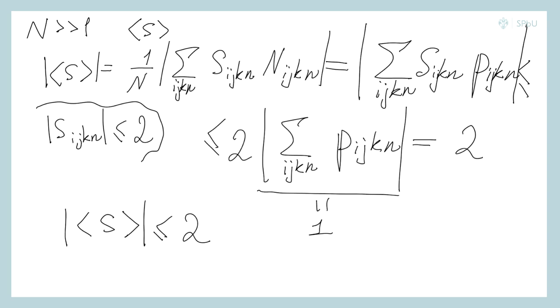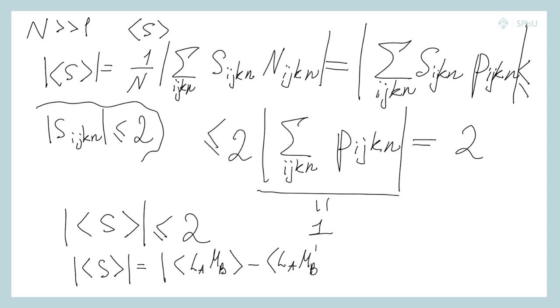Wow! Now we can turn back to the definition of S and write the following thing. The magnitude of average S equals the average of LA MB minus LA MB prime plus LA prime MB plus LA prime MB prime.